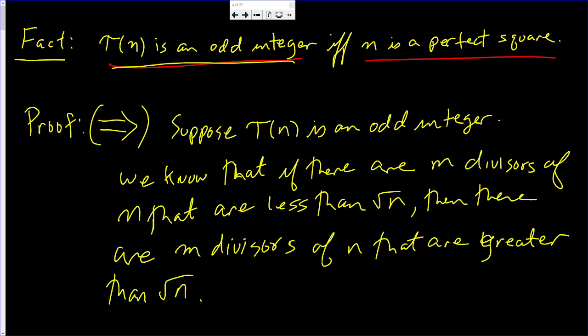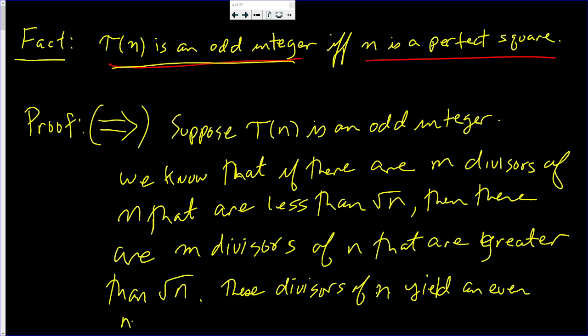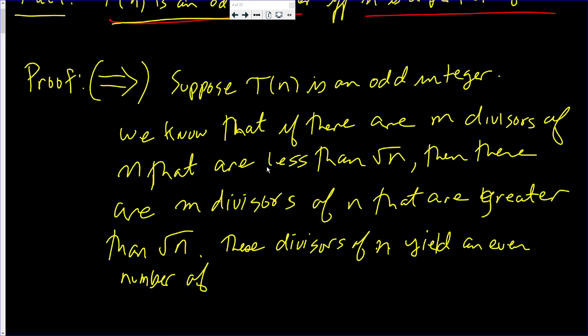In the last video, I proved that these divisors of n yield an even number of divisors.